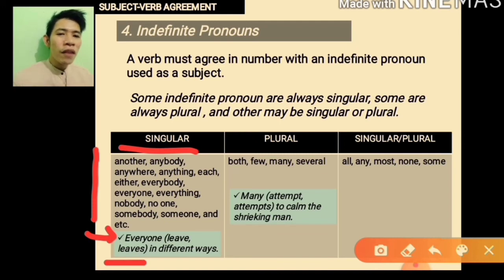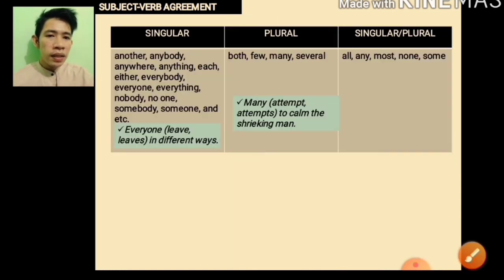Unlike if you have encountered both, few, many, several, the verb that you will be using is plural because these words are plural. Like for example, many attempts to calm the shrieking man. So our subject here is many. Diba?